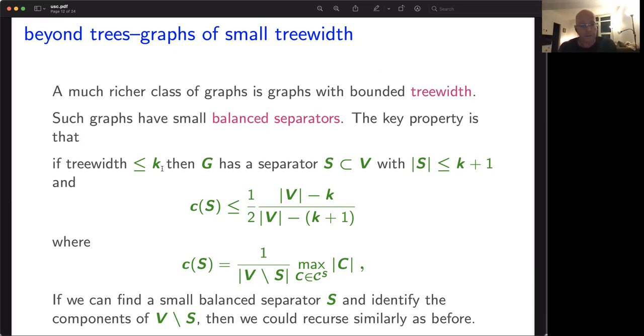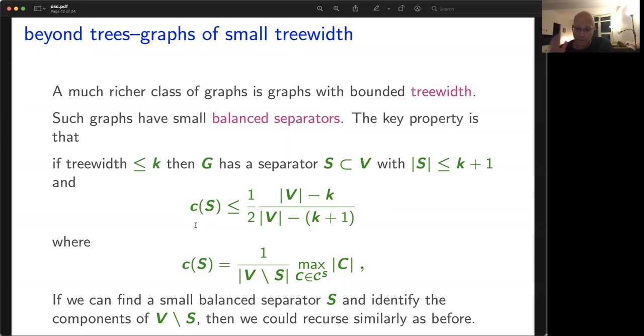Okay, so if the tree width of the graph is at most k, then it has a separator of size at most k plus 1, such that after removing this set, all the remaining components of the graph will be at most half of the size of the entire graph.